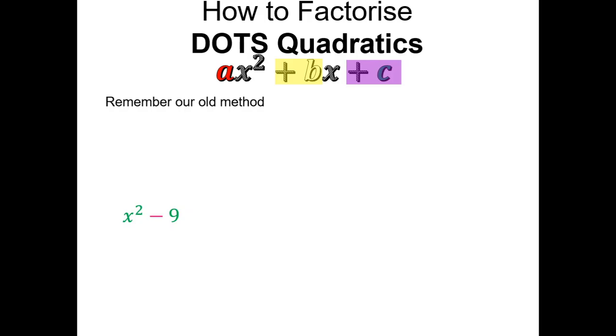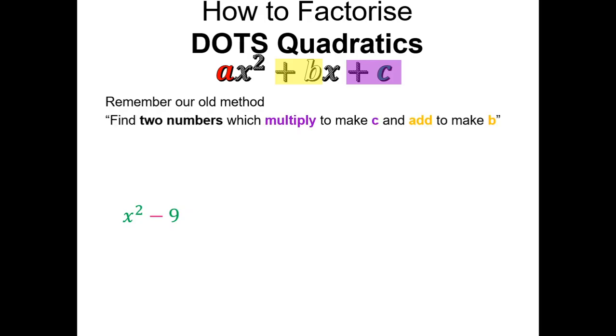So remember our old method. We are going to use this old method, but you're going to see it's actually easier when it comes to DOTS. Our old method is we look at our quadratic and we think, I need to find two numbers which multiply to make c and add to make b. I know that to get the x squared, I've got x times x.